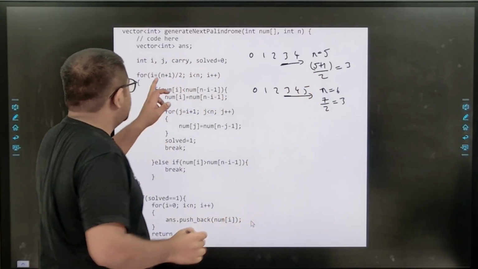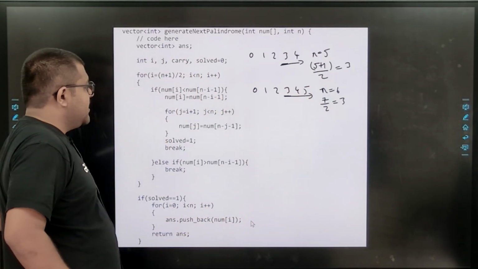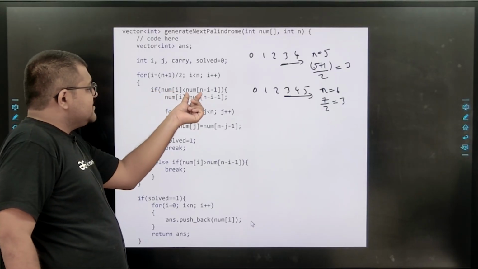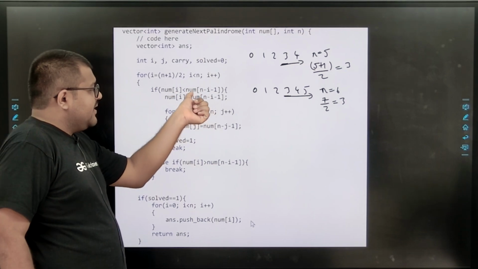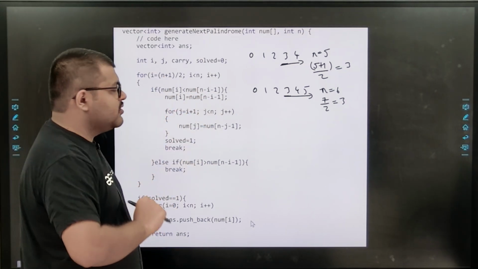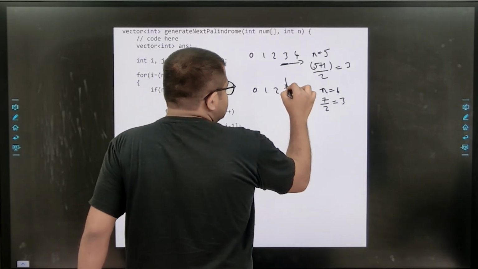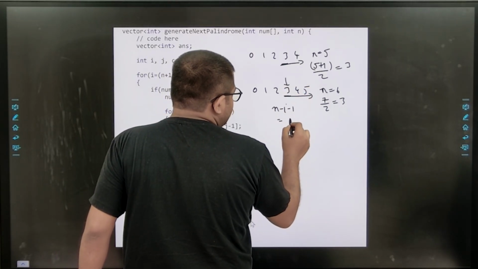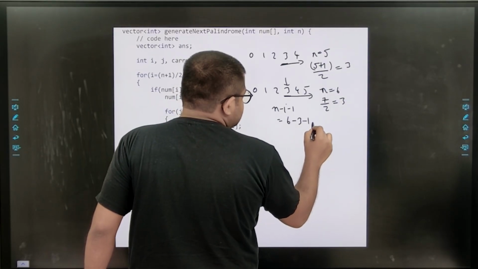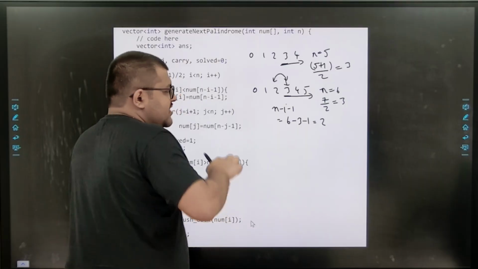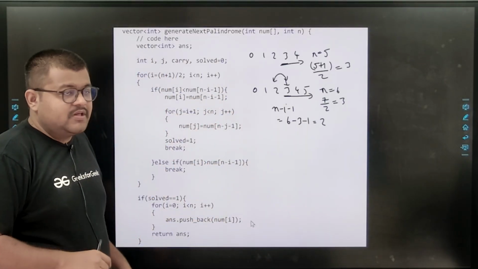So it runs from (n plus 1) by 2 to less than n. If num of i is less than num of (n minus i minus 1), so I am talking about the respective element on the left hand side. So suppose this is 3, so n minus i minus 1 would be what? n is how much? 6, minus 3 minus 1 is how much? 2. So this is the respective element which I need to check while checking for the palindrome.